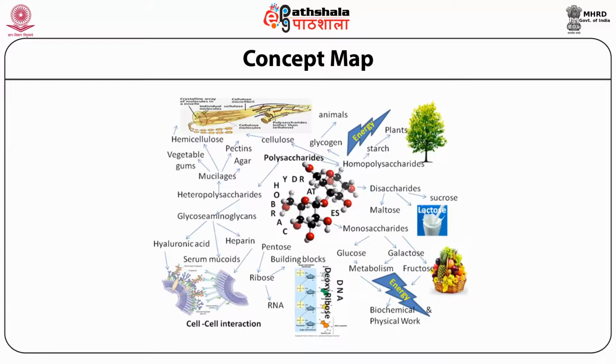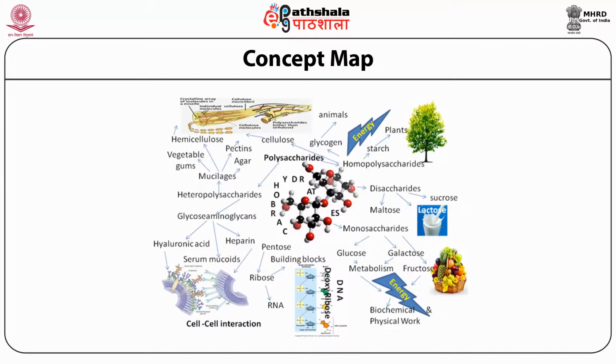Well, carbohydrates are composed of carbon, shown in the black beads, hydrogen and oxygen. They are basically hydrates of carbon and may be classified into three groups: mono, di and polysaccharides. Polysaccharides may be homopolysaccharides or heteropolysaccharides.